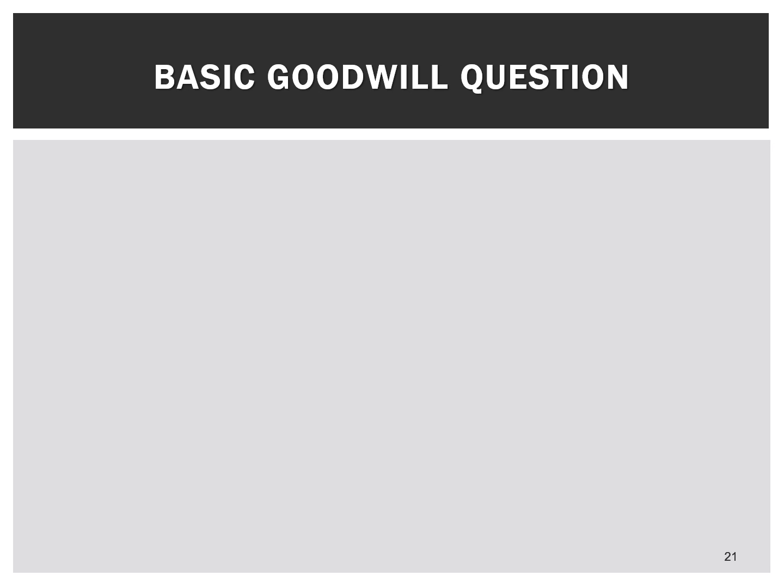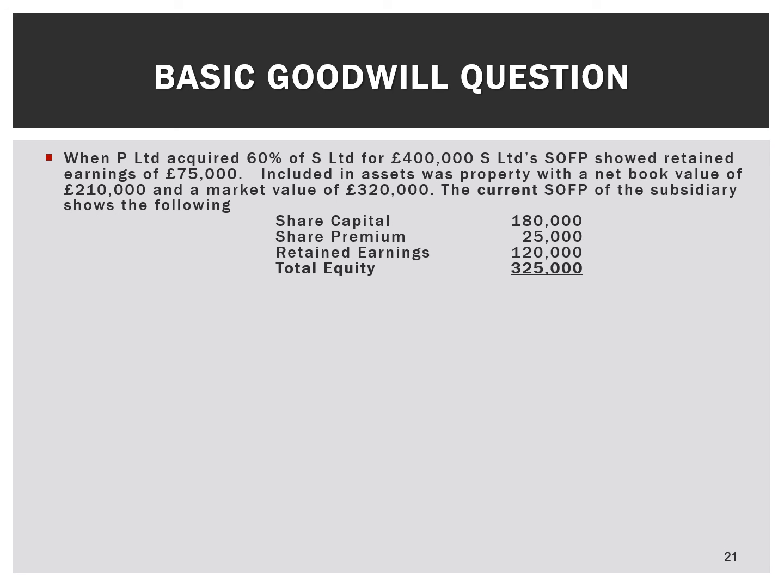So here's a question for you to try calculating the goodwill. P Limited has this time acquired 60% of S Limited for £400,000, and at the date of acquisition, S Limited's statement of financial position showed retained earnings of £75,000. Included in S Limited's balance sheet were assets at a net book value of 210,000 that were actually worth at that date 320,000.